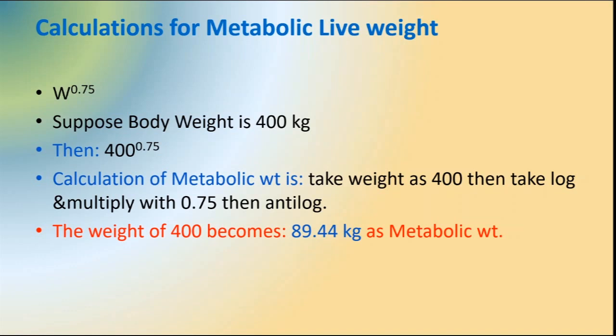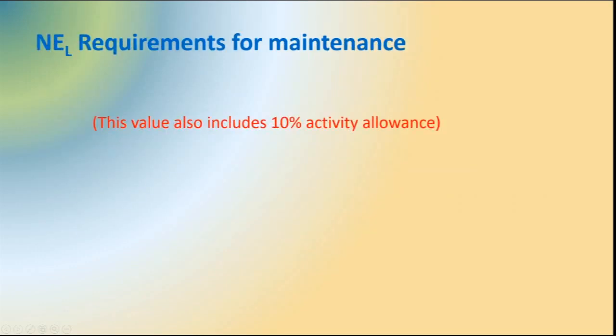So if the animal's live body weight is 400 kg, we take the log, multiply it with 0.75, and take the anti-log. So the 400 becomes 89.44 kg. This is the metabolic weight of that animal. Now putting this value in the equation, we can calculate the metabolizable energy value.